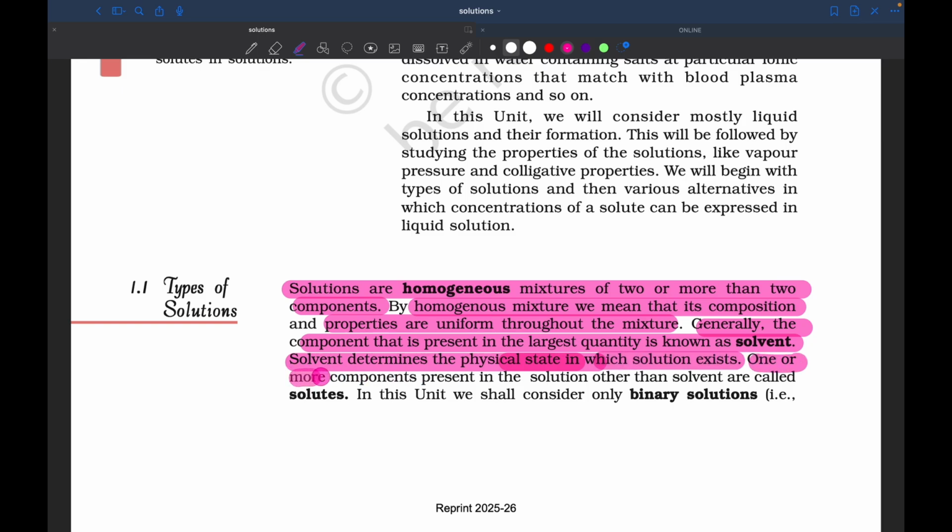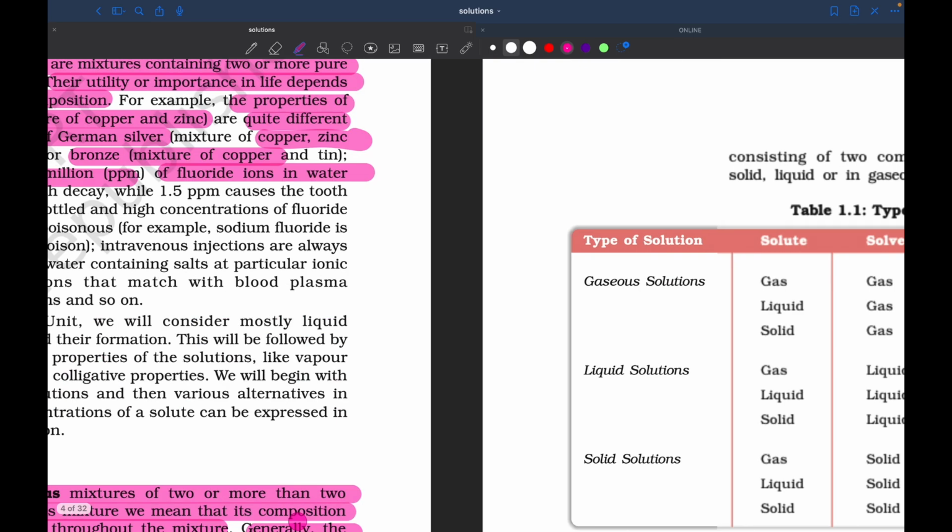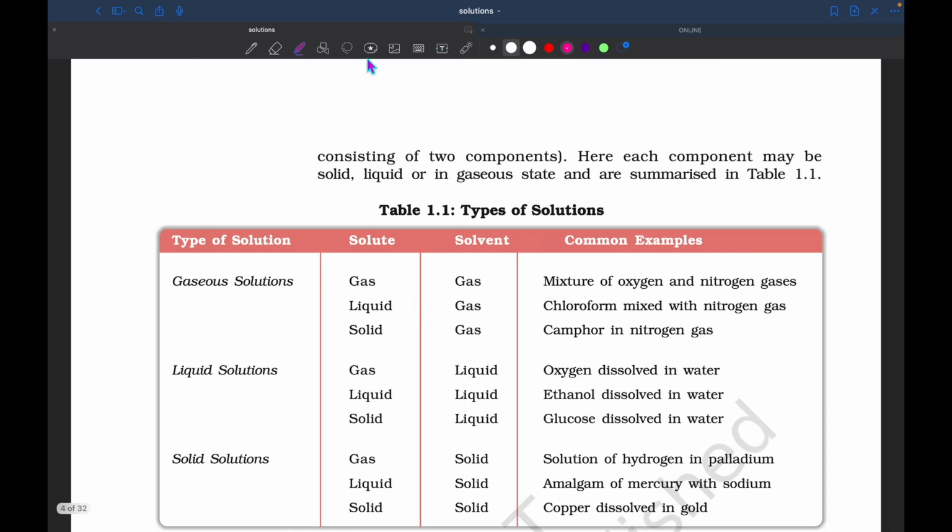One or more components present in a solution other than the solvent are called solutes. In this unit we will discuss only binary solutions, that is, solutions containing only two components. Each component may be solid, liquid or gas, as summarized here.